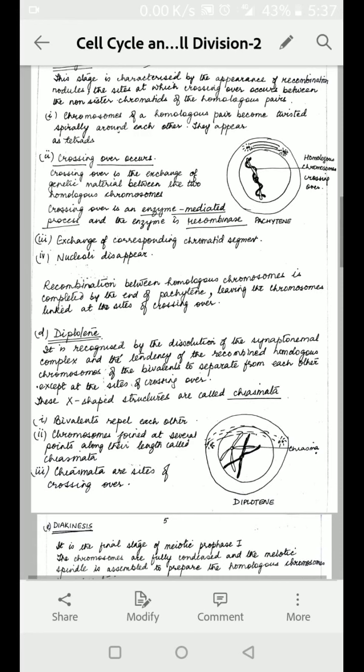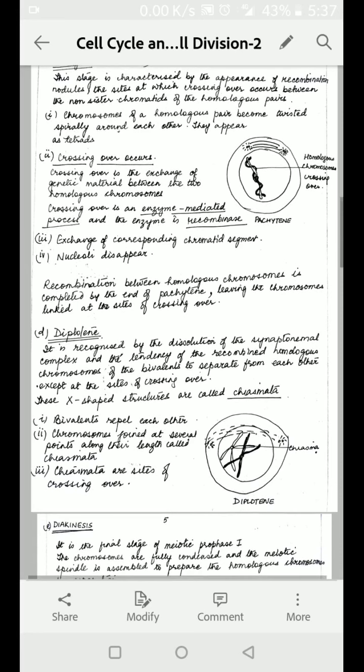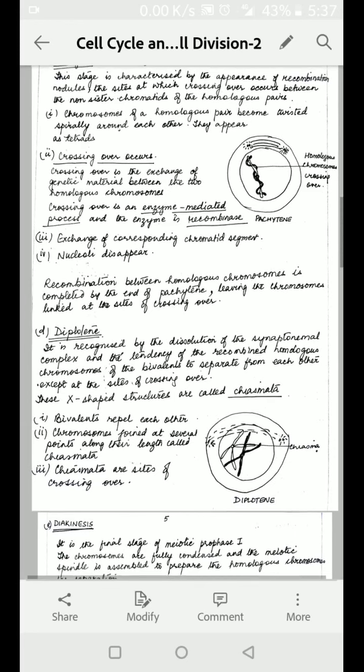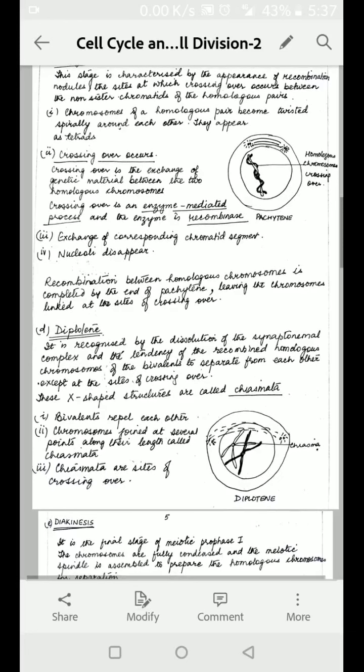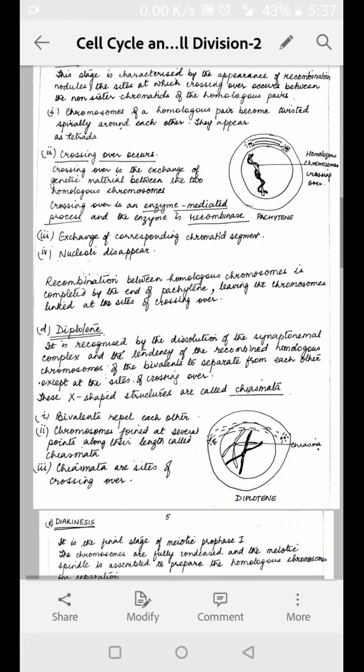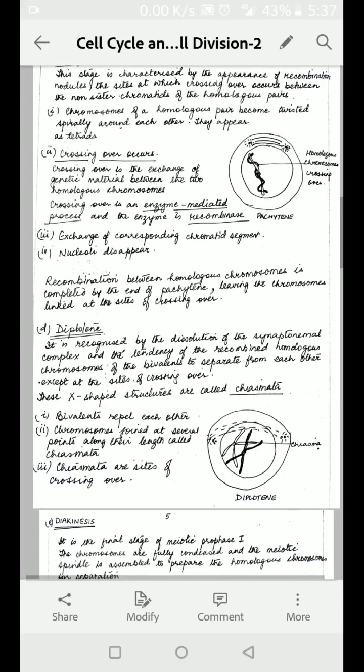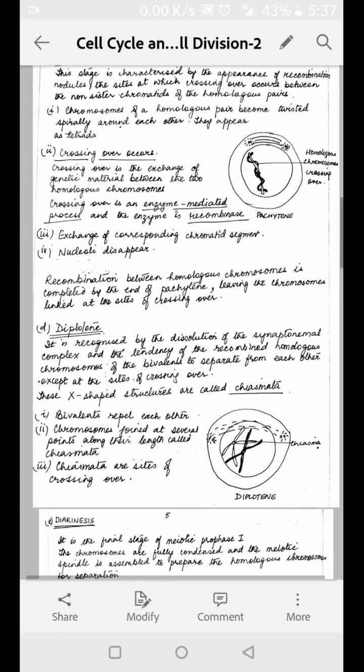The chromosomes are joined at several points along their length called chiasmata, and chiasmata are the sites of crossing over. So I have listed these three important points under Diplotene that occur during prophase 1 of meiosis 1.